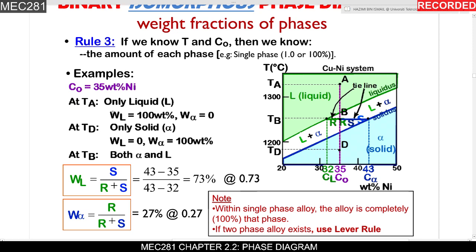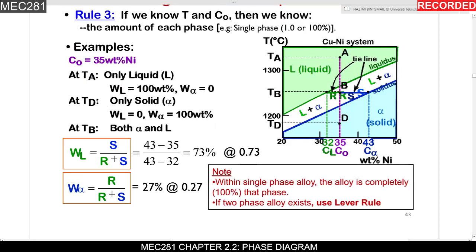So write WL as 100%, and W alpha, no, there is no alpha here because this is 100% liquid, so you put 0. For TD, you project that point D is in the region of alpha, so we write the weight percent of liquid as 0, and for the solid alpha, W alpha equals 100 wt%.